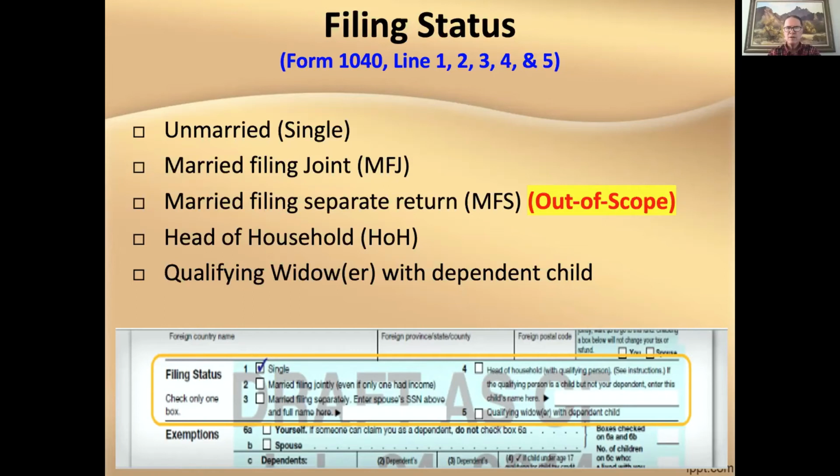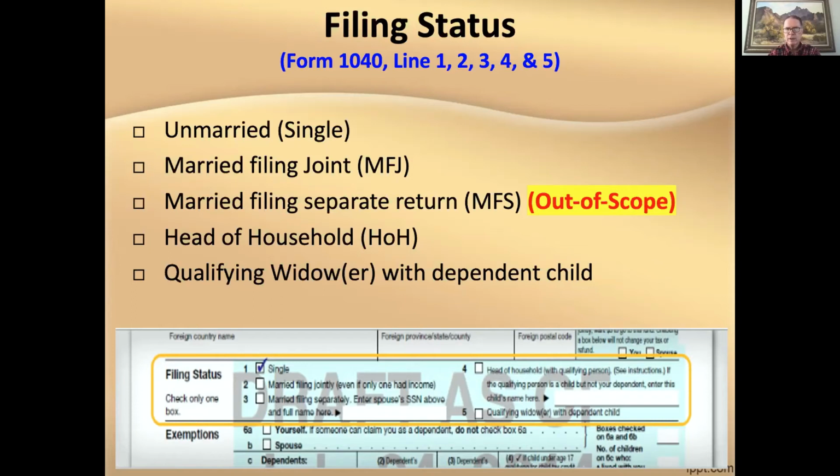If your spouse died in that year and you have dependent children, then you become a qualifying widow for the next 2 years. So in 2021, you would be filing married filing jointly, even if your spouse had died sometime during the year.